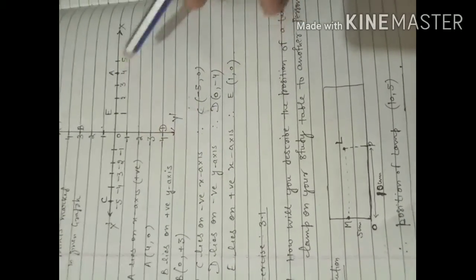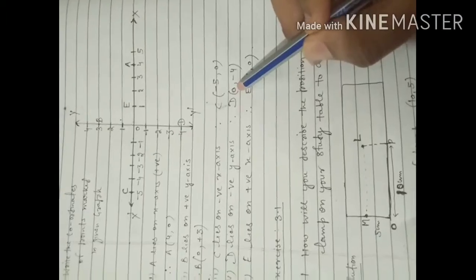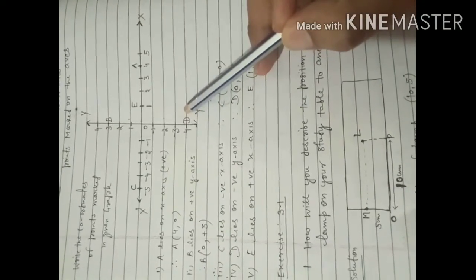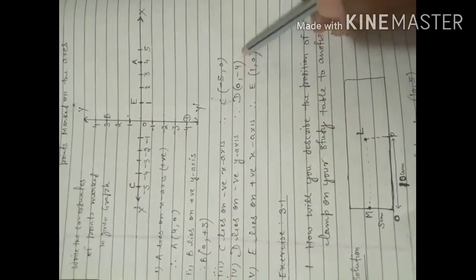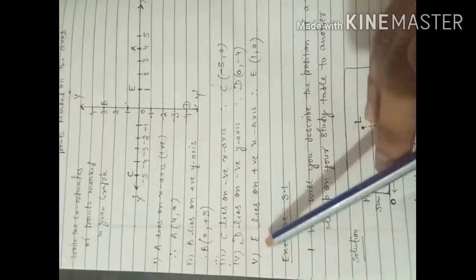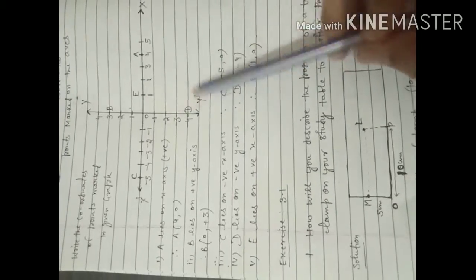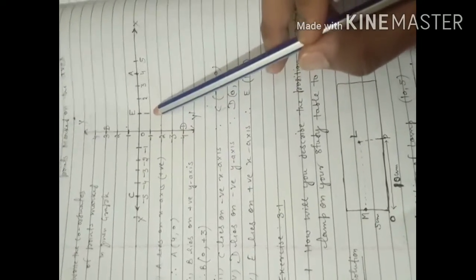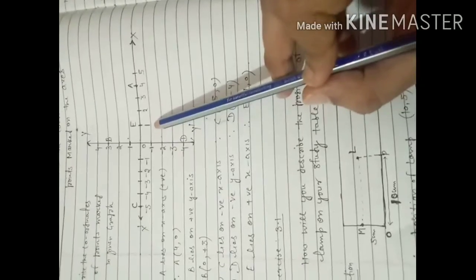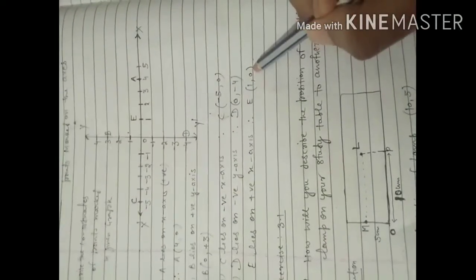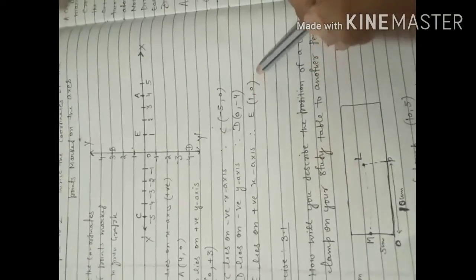On the y-axis abscissa is 0. So the coordinates of D are 0, -4. Now E lies again on the positive x-axis at 1. So on the x-axis ordinate is 0. So the coordinates of E are 1, 0. You can do it yourself very easily.